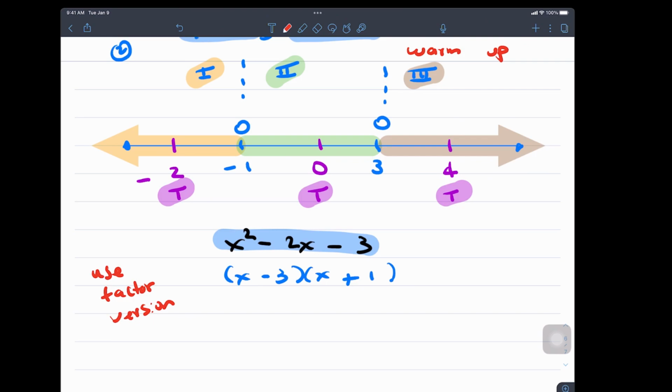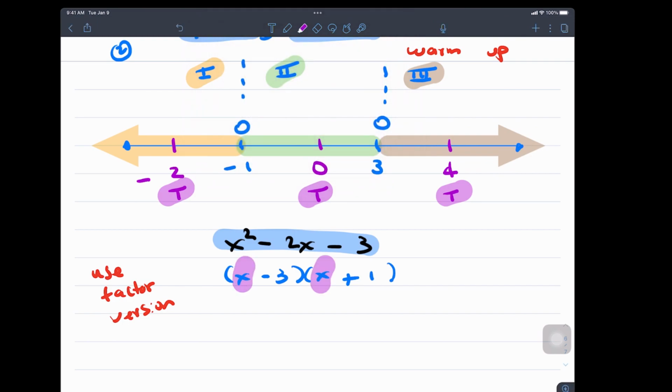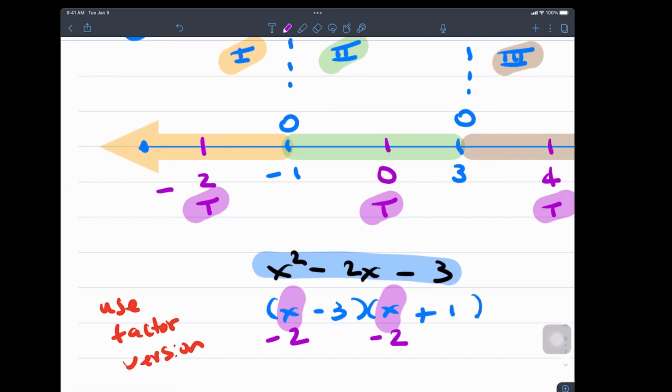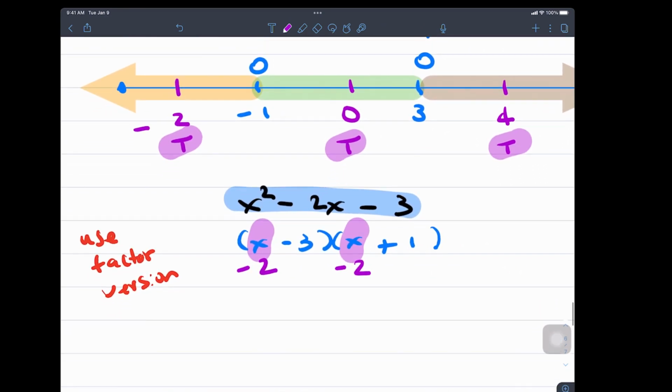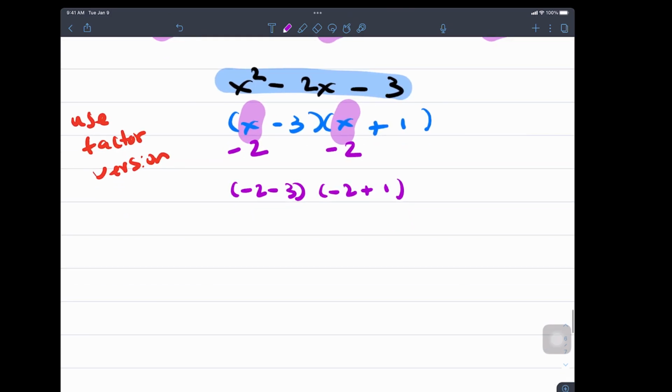So what do you guys do? How do you test each region? You're going to plug in the test points. Test region 1. What's your test point? -2. Okay, plug in -2. Do some arithmetic. -2 minus 3, -2 plus 1. So what's -2 minus 3?